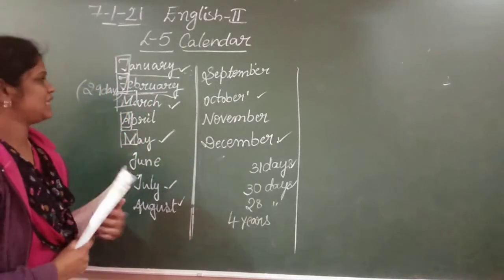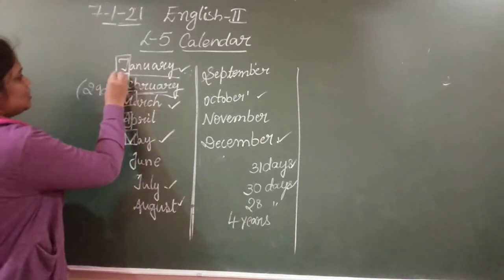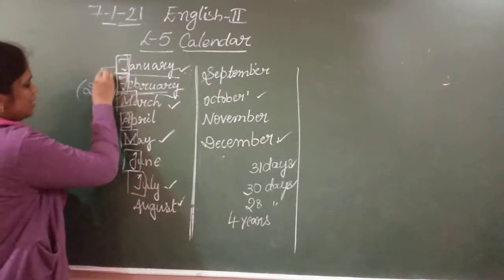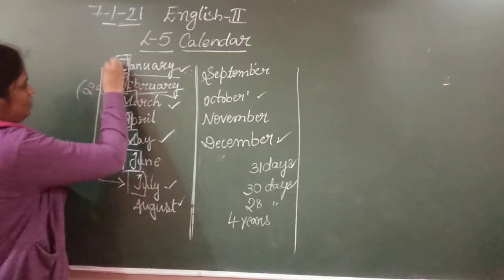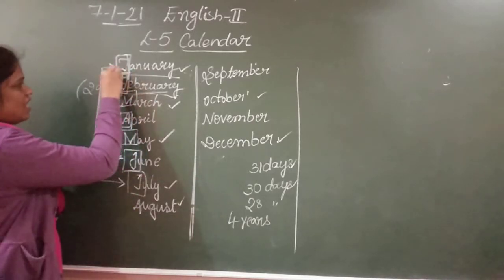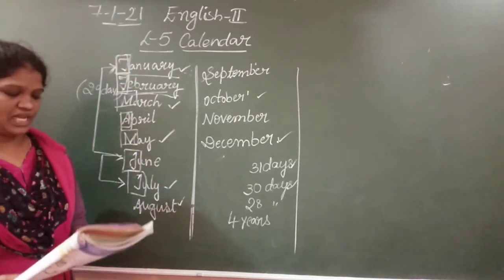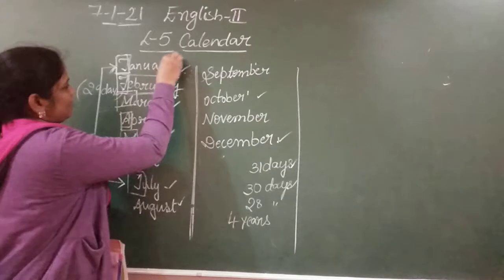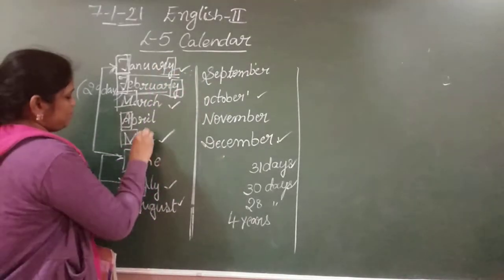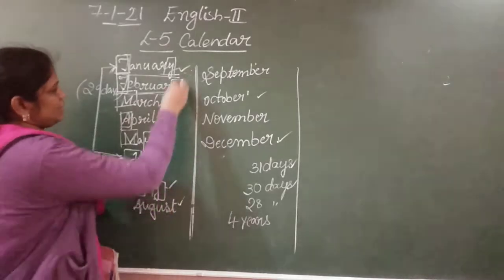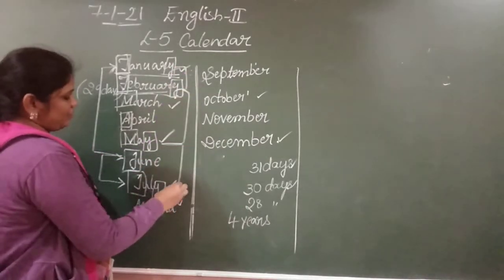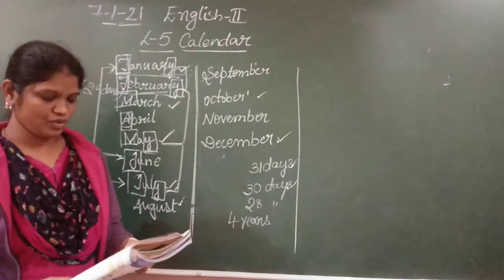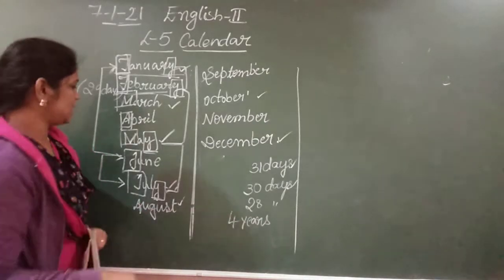Name the months that begin with letter J. See children, January, June and July start with J. Name the months that end with the letter Y. January, February, May and July. These 4 months end with Y.